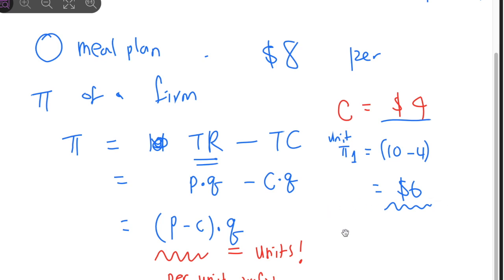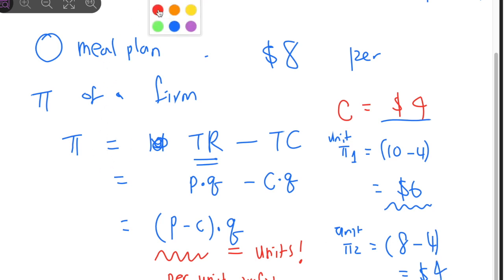What about the unit profit for case 2, when we're selling in a meal plan? Then the price is only $8, and our cost is still fixed at $4, so we're only making $4. So firm-wise, what is the disadvantage? The profit decreases.